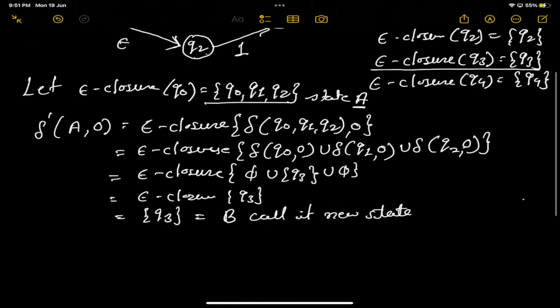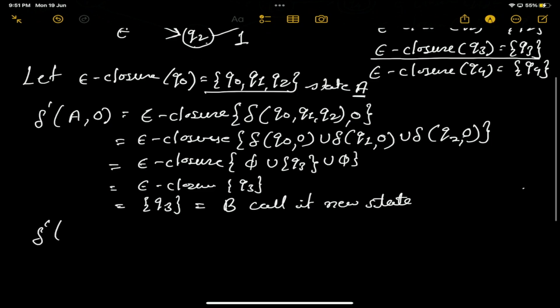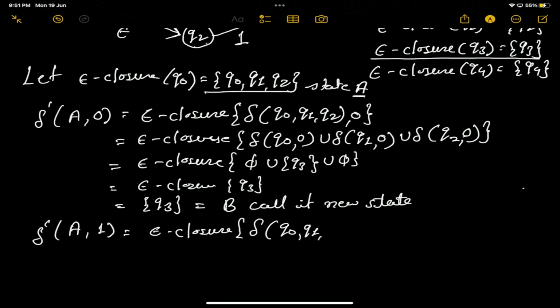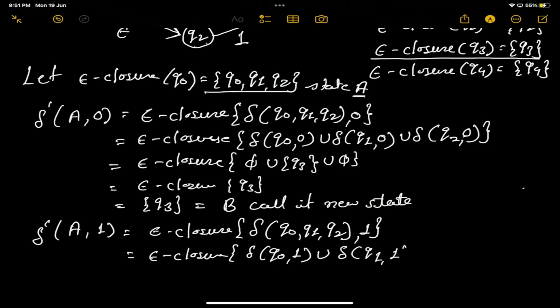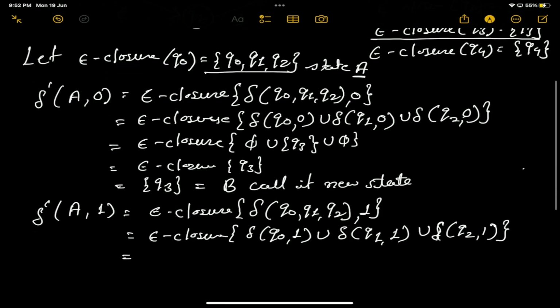Now the next one, again find the extended transition function of A with input 1, which is equal to the epsilon closure of the state A, that is Q0, Q1 and Q2, with input 1, which is the epsilon closure of delta of Q0 with input 1 union delta of Q1 with input 1 union delta of Q2 with input 1.